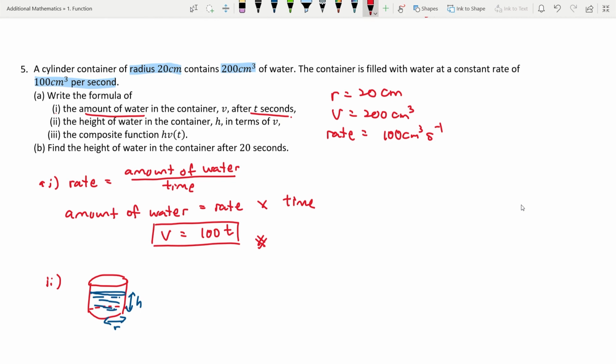The water will take the shape of the cylinder, and the formula for volume of a cylinder is pi r² h. The amount of water V is equal to pi times the radius, given as 20, squared, times h. We need to write a formula of h in terms of V. h will be V divided by 400 pi.